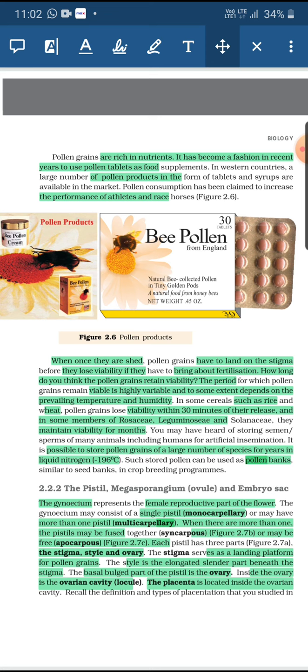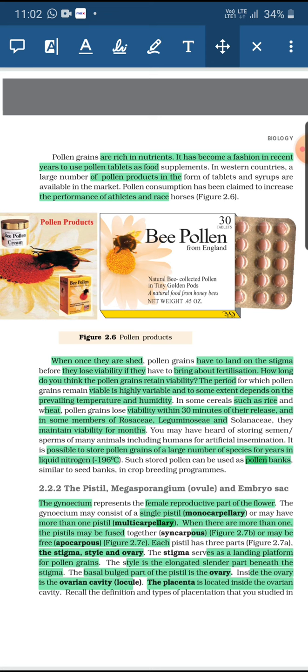Fine. Now once they are shed, the pollen grains have a certain viability period. Few lose viability after a few minutes, and a few have a long period of viability. The period for which the pollen remains viable is quite different in different species.